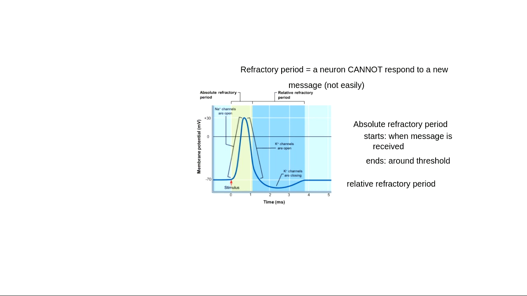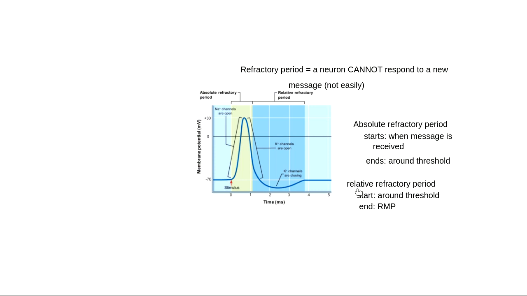It's going to start around that phase, and it's going to end once I'm back to resting membrane potential. Now, the thing with the relative refractory period is it is possible for me to possibly respond to a new message, but that new message has to be really loud or it has to be really strong.